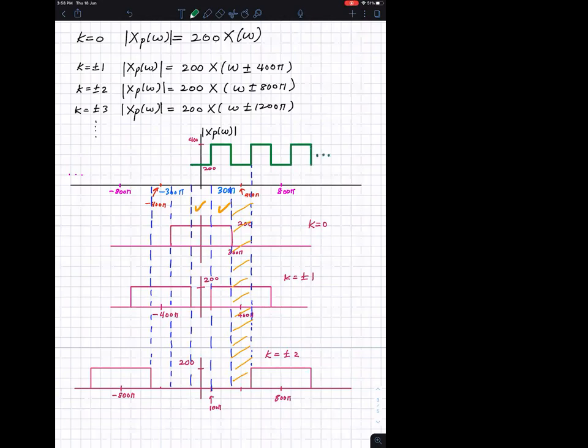It's continuing to go on. So on this side, you just flip it around the vertical axis. You don't have to go through that calculation again because the negative side is just a carbon copy of the right side.